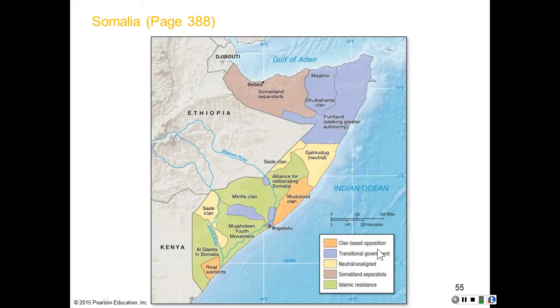The transitional government has control of the Horn of Somalia, as well as some of the urban areas towards the south, and there are a few neutral or unaligned clan groups in central and eastern parts of the country.